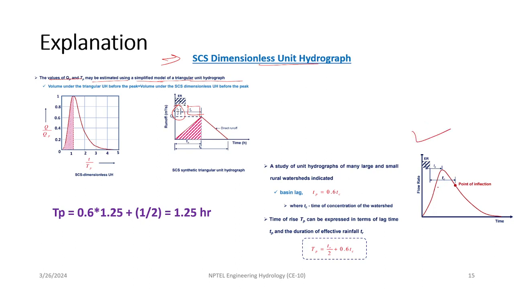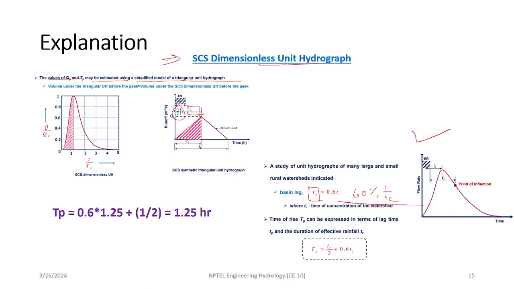this graph you can see directly. Okay, so if we are using a parameter to represent the time of concentration, so time to peak will be somewhat 60% of the time of concentration.